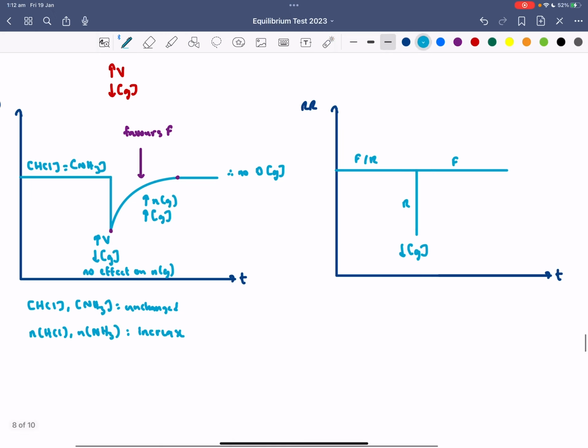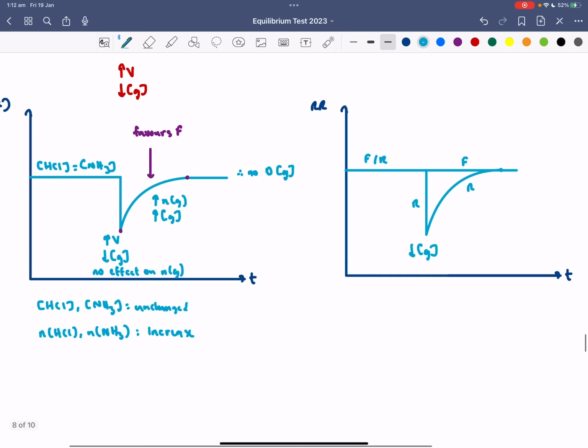And because they returned to their original concentration, equilibrium, the reverse reaction rate comes right back to the same as the forward rate of reaction, which means that at the end of the day, there is no effect on the forward and no effect on the reverse reaction.